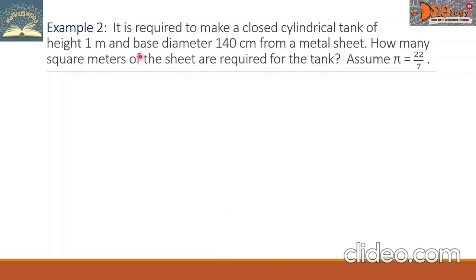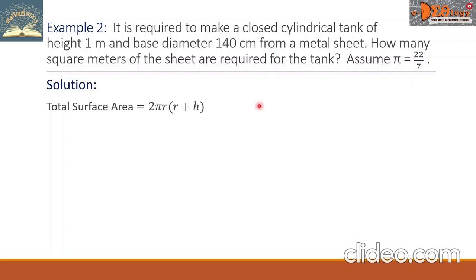Example 2. It is required to make a closed cylindrical tank of height 1 meter and base diameter 140 centimeters from a metal sheet. How many square meters of the sheet are required for the tank? Assume that pi equals 22/7.